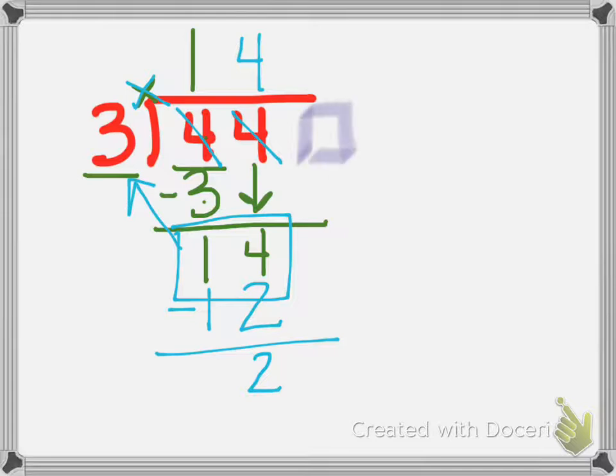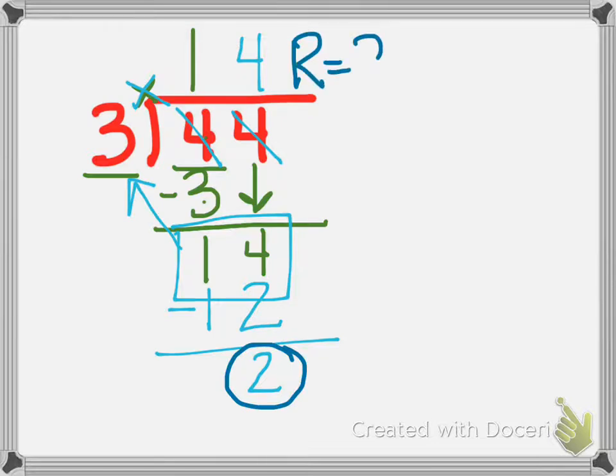Brother looks for something to bring down. He notices there's nothing to bring down. So Rover realizes, all right, I only have a remainder of 2. Nothing new to play with. Our quotient is 14. The remainder is 2.